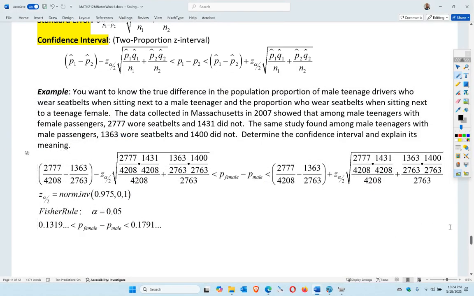So let's write something in context now. So we are 95%, because it's the default confidence level.